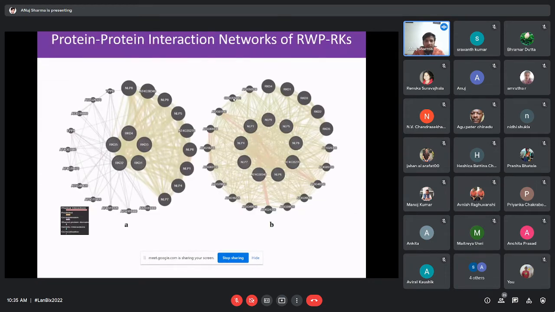We also predicted protein-protein interactions using the GeneMANIA tool. Because wheat data was not available at that point of time, we utilized Arabidopsis data. We can say that the different RKDs, a subfamily of RWP-RK, show some interesting interactions with NLP8, NLP9 and NLP5, which are also of the RWP-RK family.